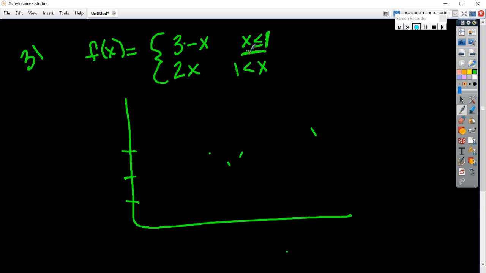Do we all agree that included in the domain restriction is the (1, 2) closed dot? It's my starting point, so to speak. Okay, (1, 2). Now it goes smaller than x, so it goes to the left, right? And what's the slope? -1. As I'm going to the left, I still don't understand. You don't understand what?